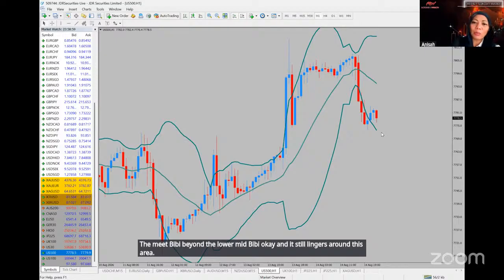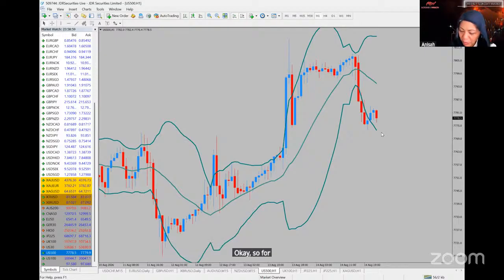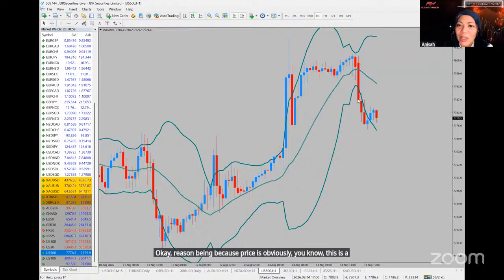So for S&P 500, I obviously would prefer to go short rather than taking a risk of going long. The reason being that this is a really strong sell momentum.